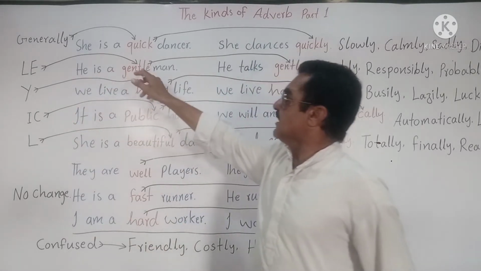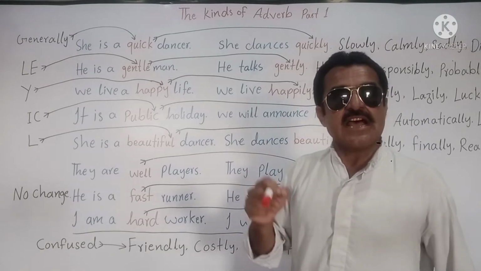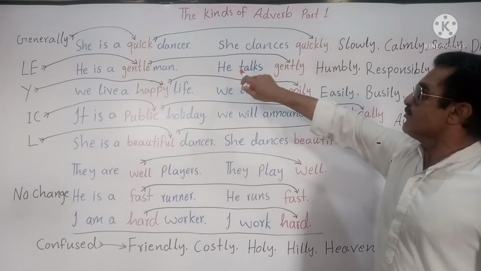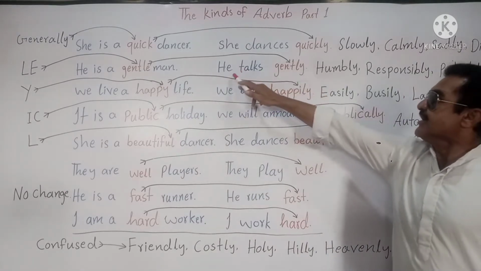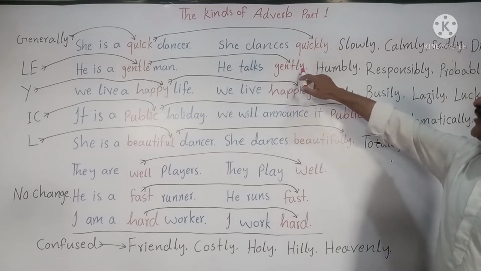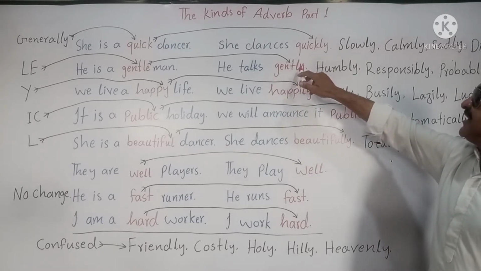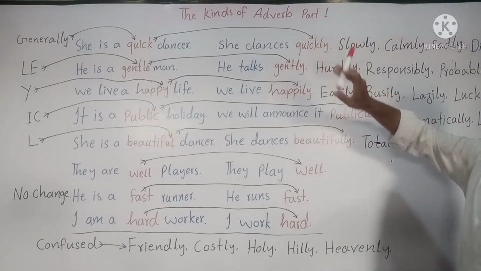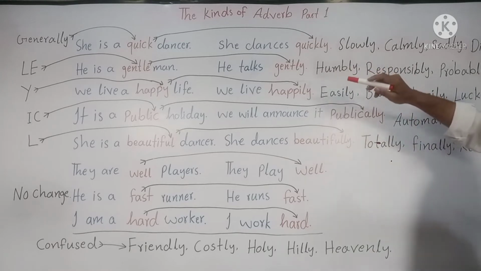You can see here now, he is a gentleman. You can see le. Now you change it into the adverb. He talks gently. Now here that e is not available. E has been removed. In place of e, we have put only y. No ly, because l is already available there.